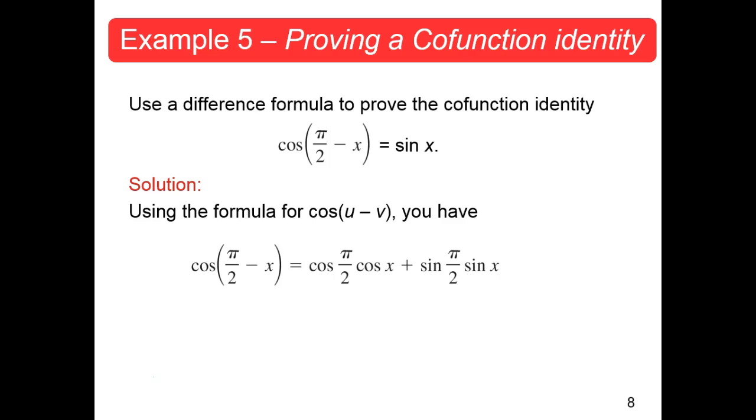Sine of pi halves times sine of x. But we know that the cosine of pi halves is 0. So cosine of all the half pi's are 0. Starts at 1, goes to 0 at pi halves. So the first term becomes 0. Sine of pi halves is 1. And that's just 0 cosine x plus 1 sine x. That's equal to sine x. And that's the right-hand side.